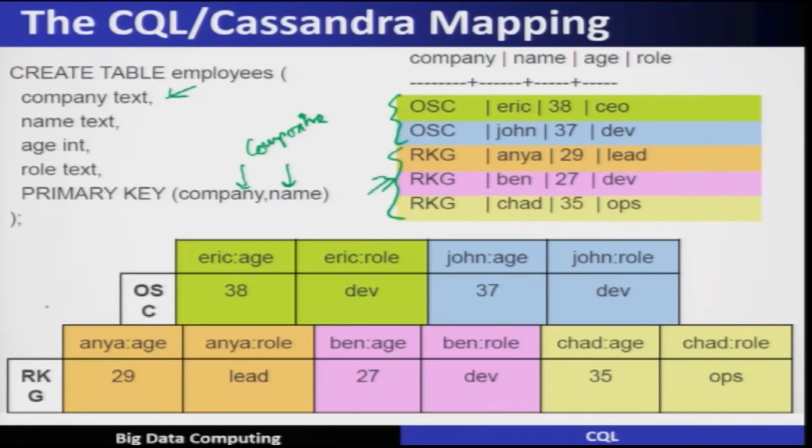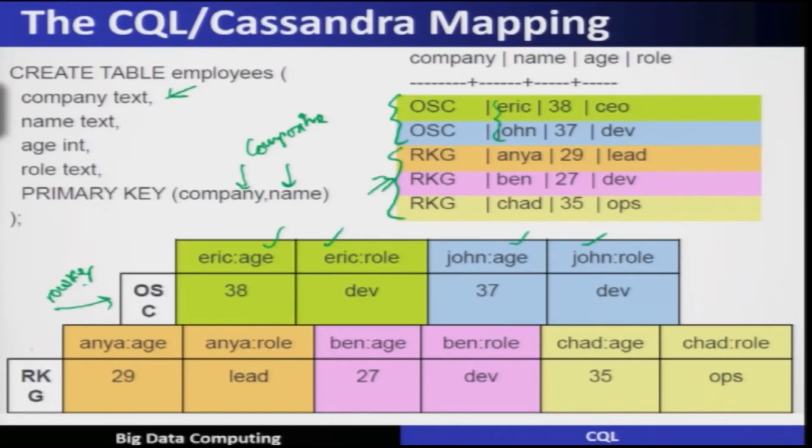The first row key is OSC, and OSC has 2 different Eric names. Both are in the same row key, which has the value OSC. Similarly, the age values, the column values, are also added. So this becomes a row key.